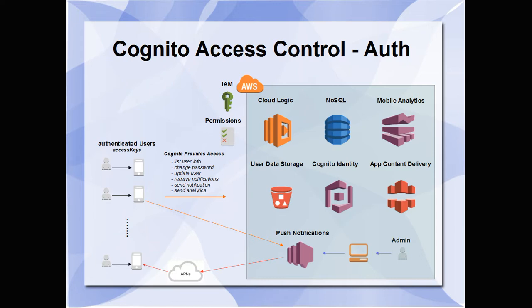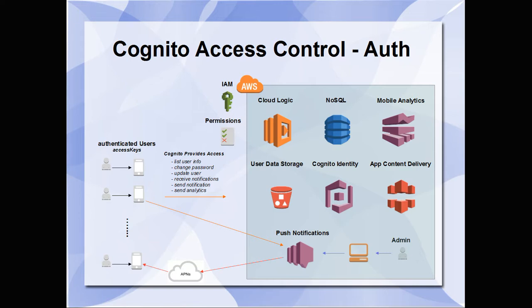All right, so what can you do with Cognito? You could list the user info. You could change your password. You could update users. You could update your user information. You could receive notifications. You could send notifications, and you could also send analytics.